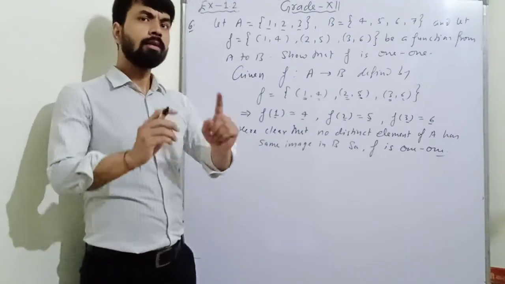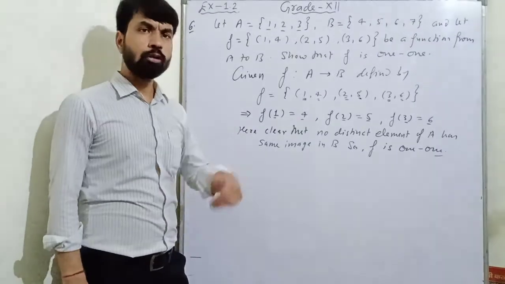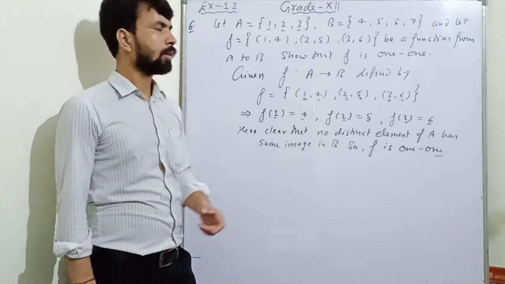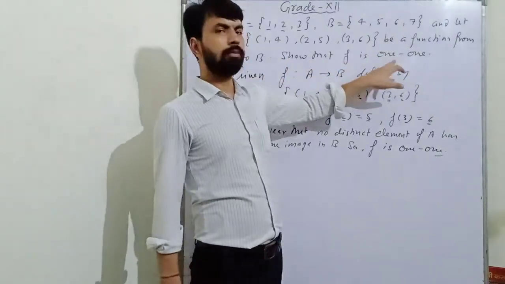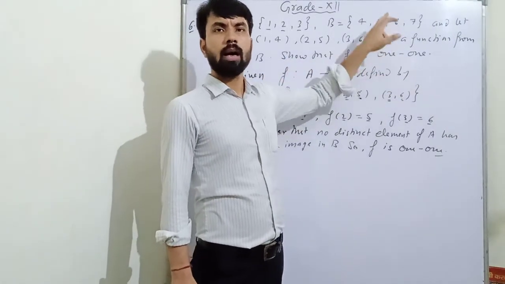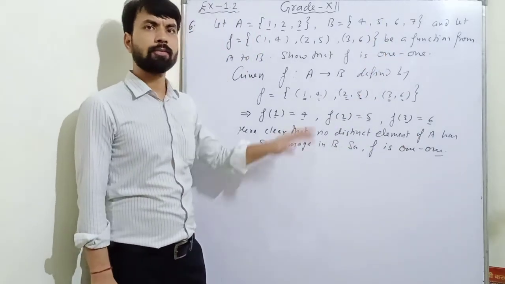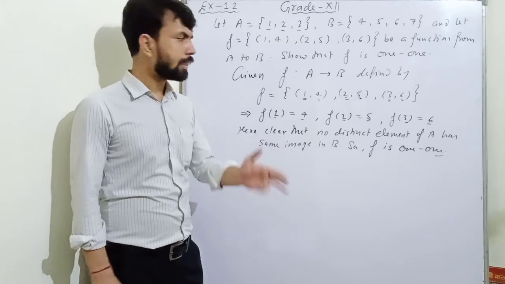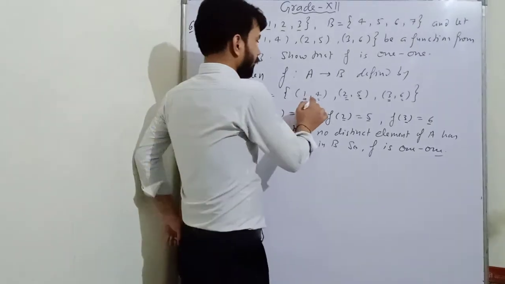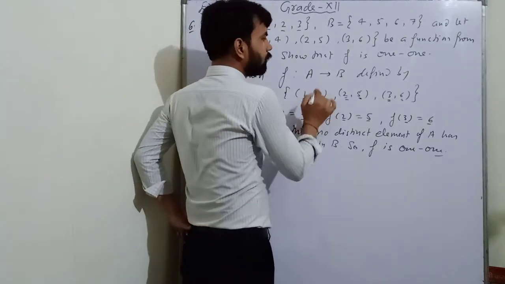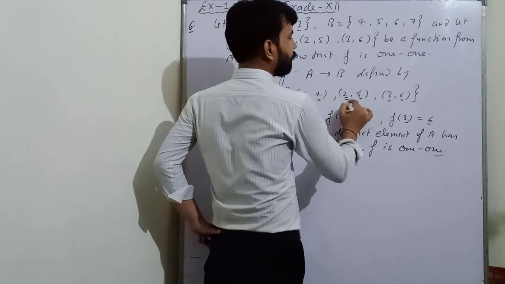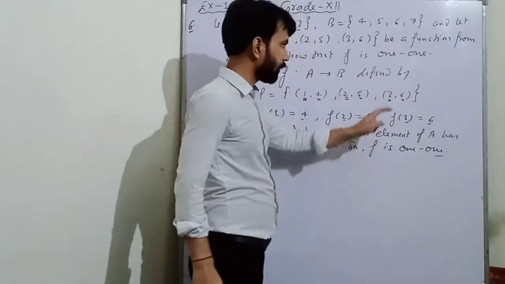Clear? Now students, I want to modify this question. Show that f is 1-1 and it is not onto. Now we will have to check this function is not onto. So see, the image of 1 is 4, the image of 2 is 5, the image of 3 is 6.